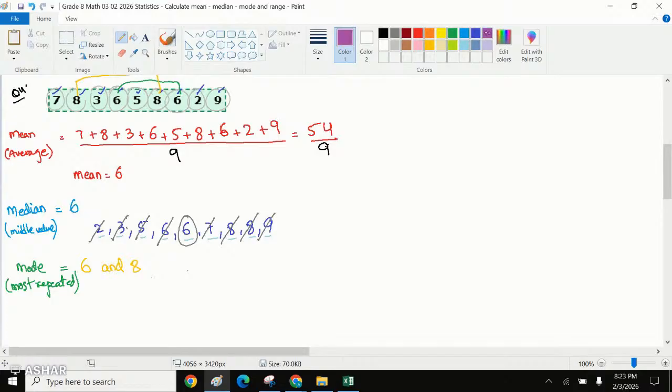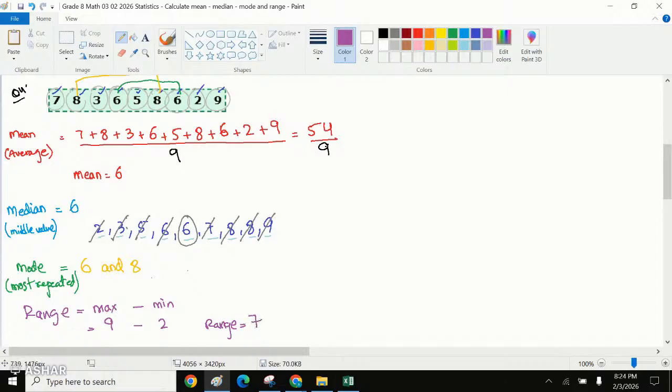Agreed? And if we need to find the range, it is always the maximum minus the minimum value. The maximum was 9. And what is the minimum value? That was 2. So we can say the range for this set of values is 7.